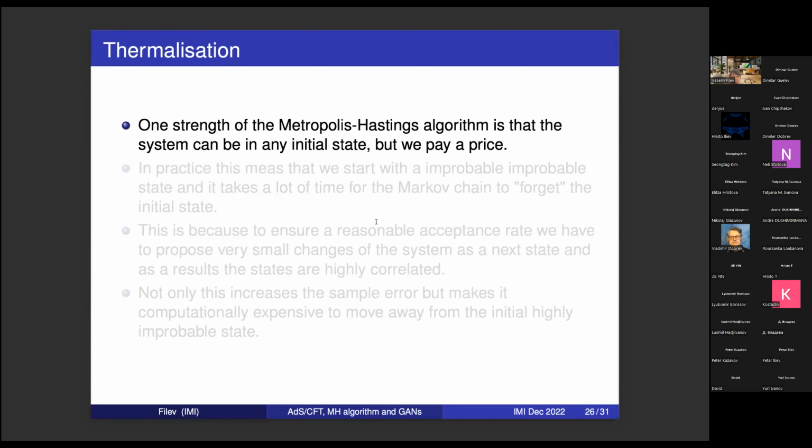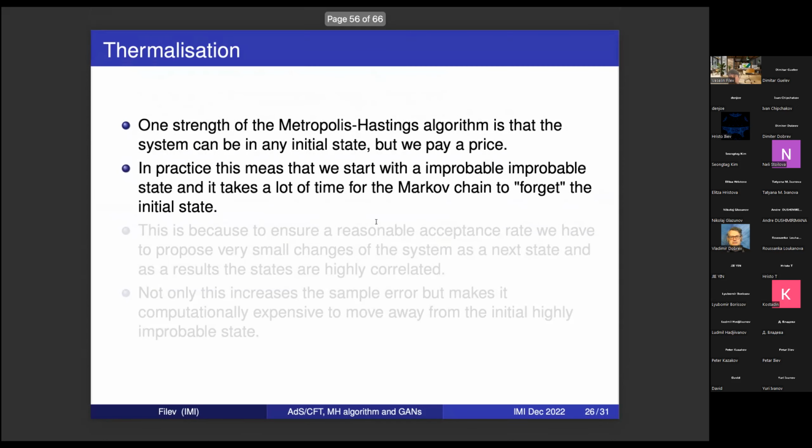But you pay a price for that, because if you have a very complicated system, the probability that your initial guess will be probable for that system is very low. That means you start with something which is hugely improbable. It's like if I want to simulate the molecules in this room, and I start with the condition that they're all now in a glass of water.